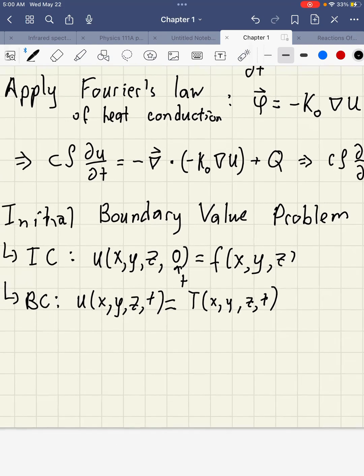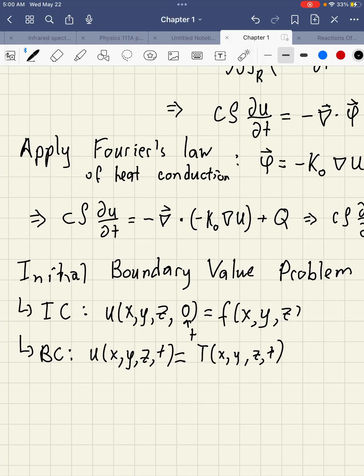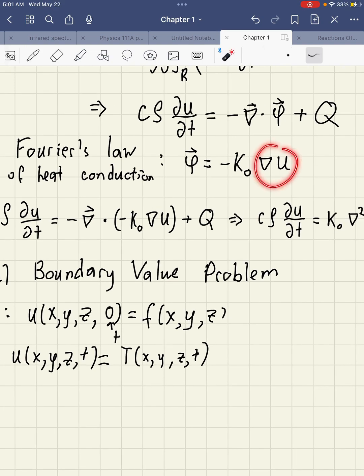Now it is possible that the flow across the boundary is prescribed. The most common case is if the boundary is insulated, so there's no heat flow. Now our gradient is equal to 0.